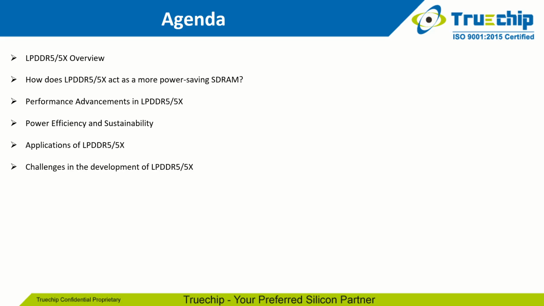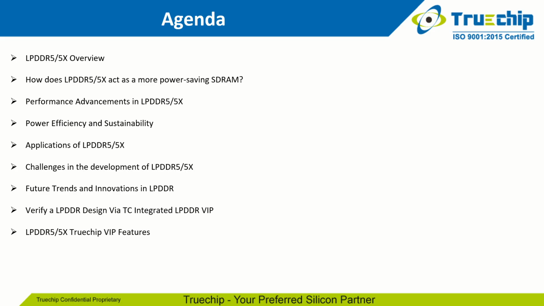Also, we'll discuss challenges in development of LPDDR5 and 5X, covering future trends and innovations in LPDDR, and how to verify LPDDR design by Truechip integrated LPDDR VIP. And last but not least, Truechip VIP features and Debug GUI.